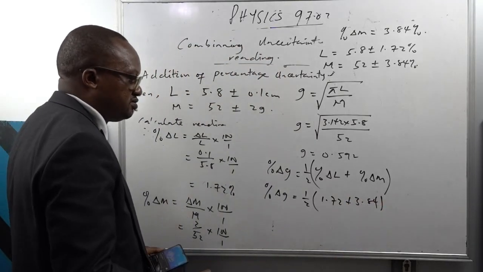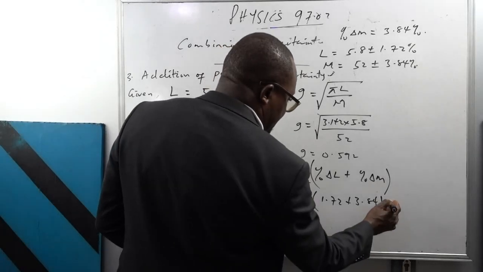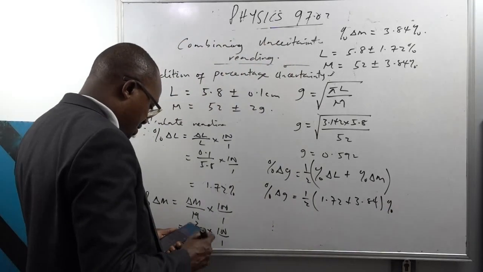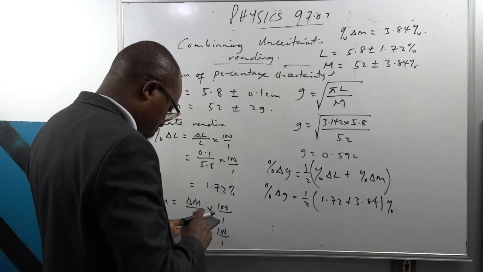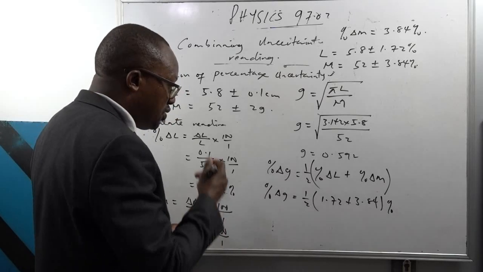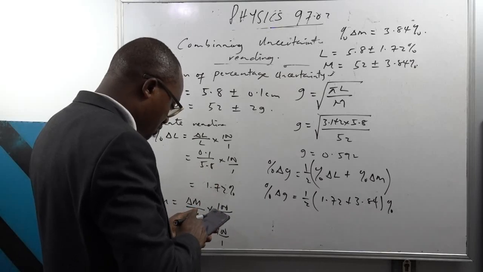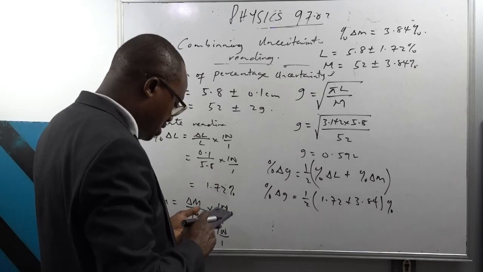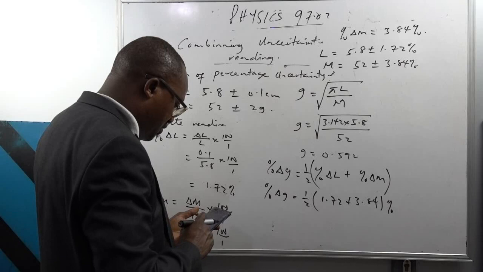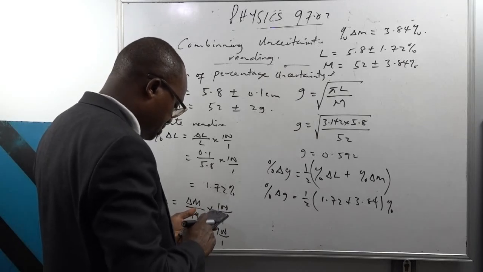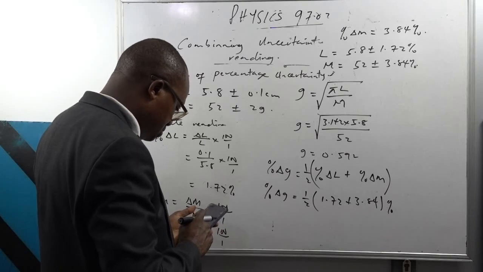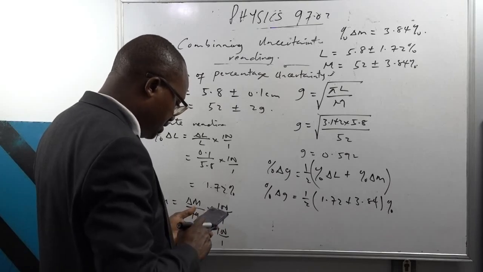Remember that this is in percentage. So if you do that, 1.72 plus 3.84 is 5.56%, times 1/2.